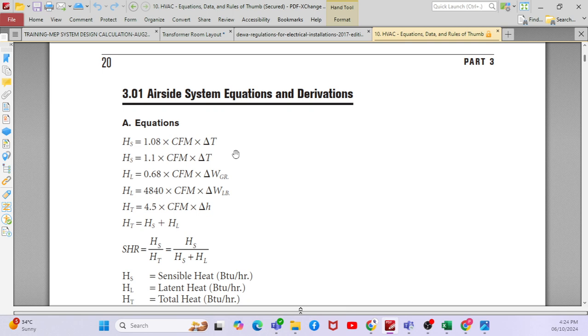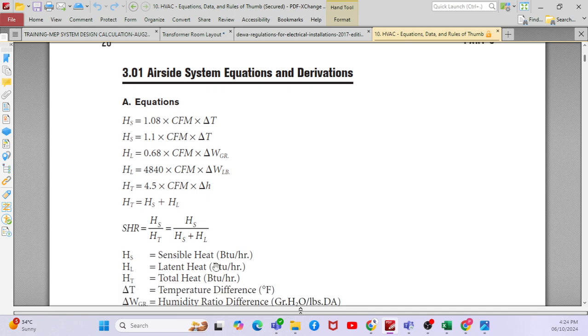Remember, sometime back we saw what is sensible load and what is latent load. Sensible load is purely equipment load, so that is why you use this equation. H is sensible heat in BTU per hour, equal to 1.08 multiplied by CFM multiplied by delta T, right?